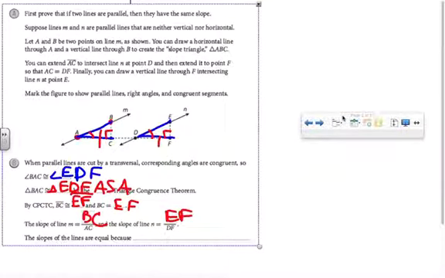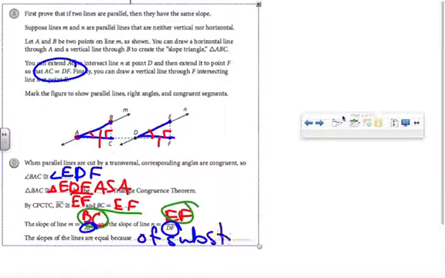So the slopes of the lines are equal because of the substitution property. We can substitute BC for EF because of this statement. We know that AC and DF are equal because that's how we built them. So the slopes of the lines are equal, again, because of the substitution property.